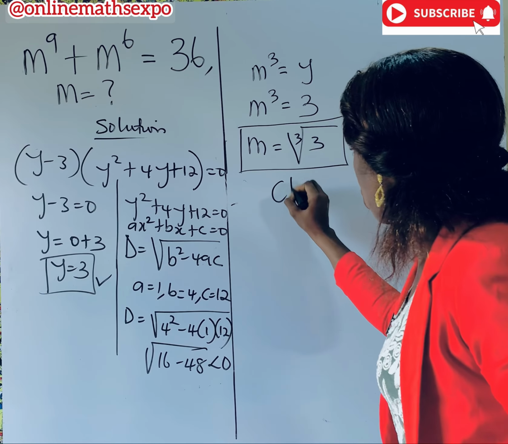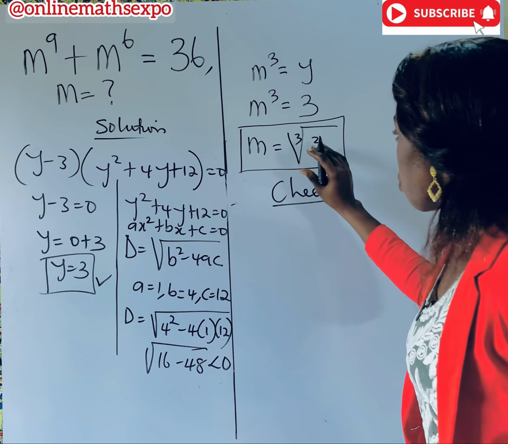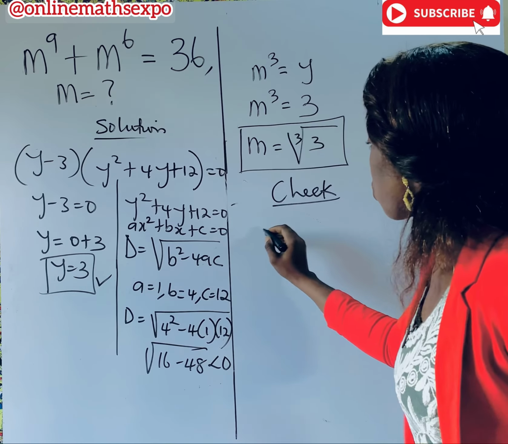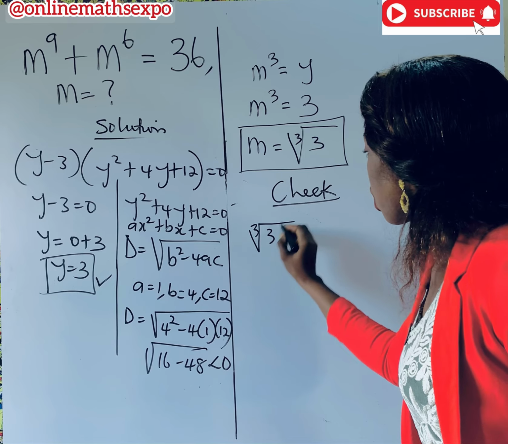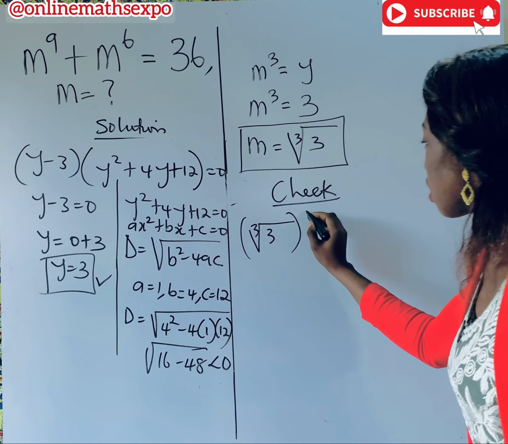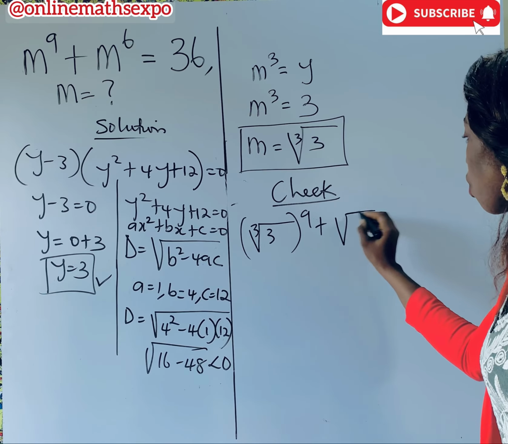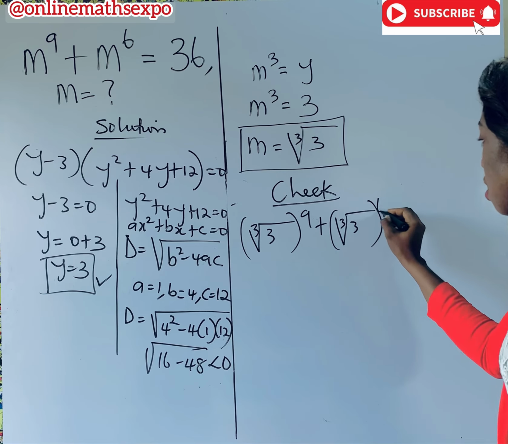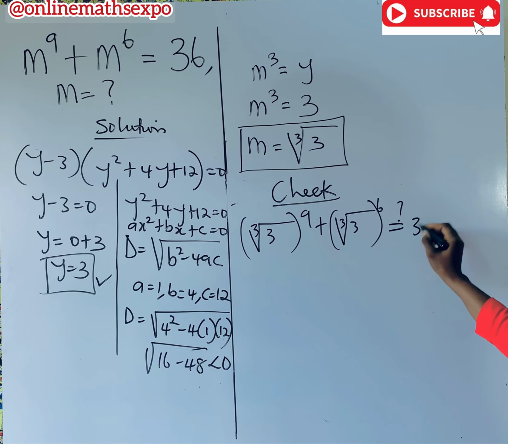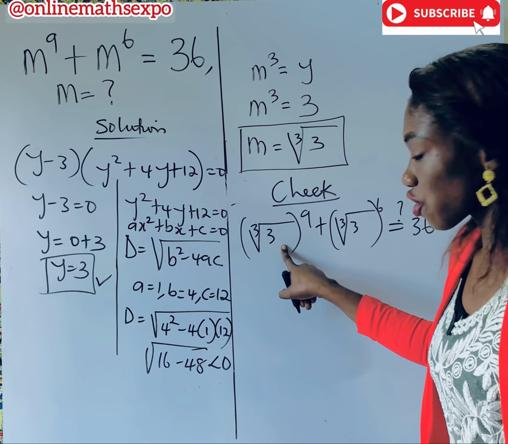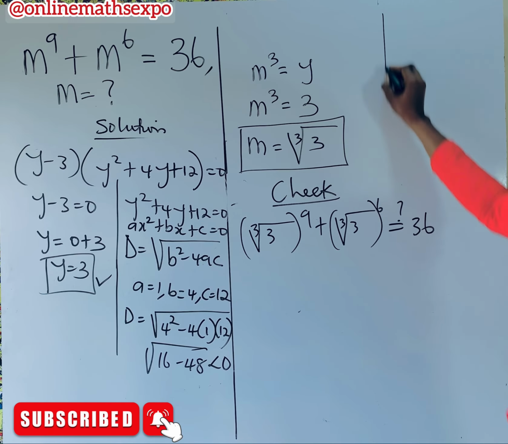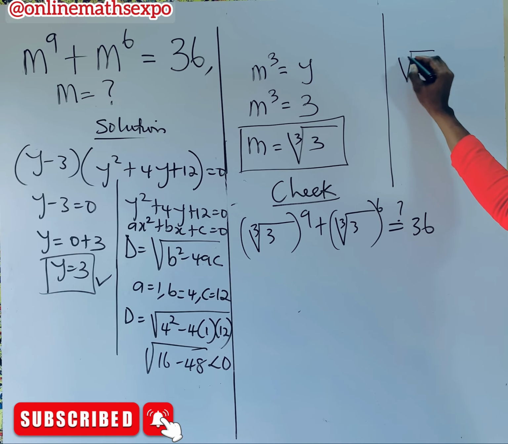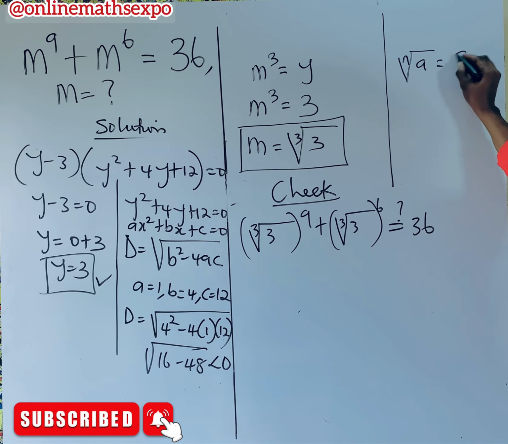Now that we have gotten this m value, we are going to check to know if we are really correct. So let's do a simple check. Put in the value of m here. We are going to have cube root of 3 raised to power of 9 plus cube root of 3 raised to power 6. Is it the same as 36? Remember, in your indices, if you have the root of this, it means a raised to power 1 over the root number, which becomes the denominator.